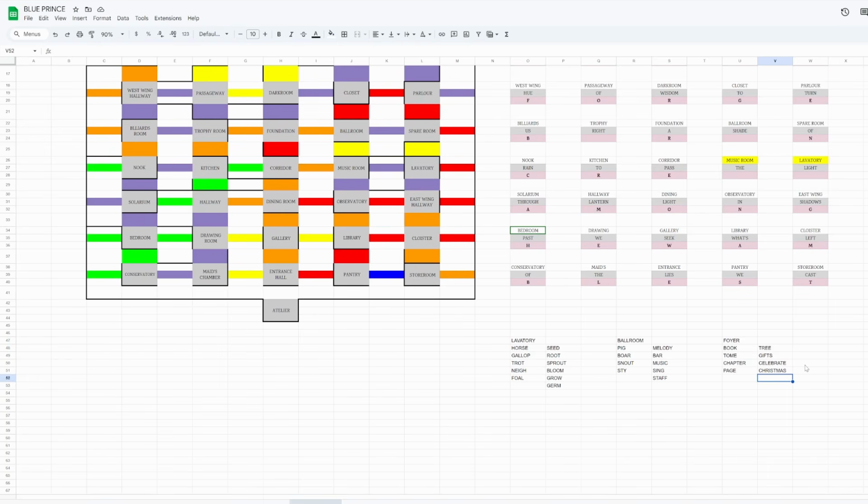Book, tome, chapter. I mean, let's not limit it. It could be a diary. It could be a dictionary. It could be fiction. I don't know. It could be a novel.